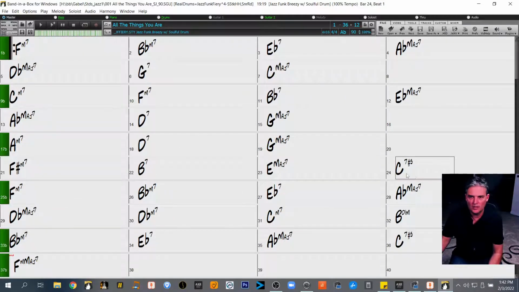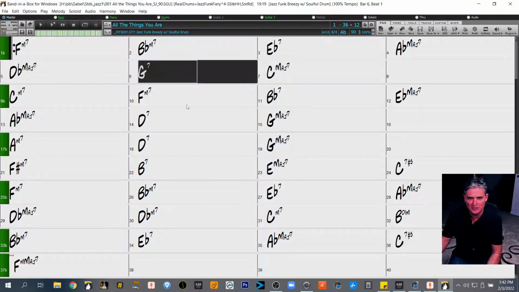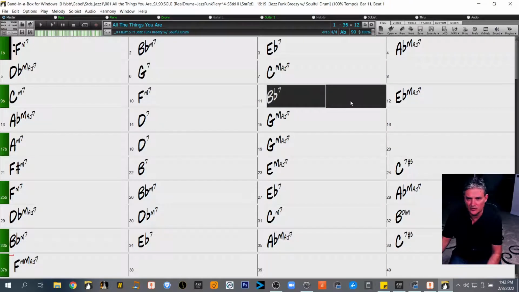So what I'd like to think about this is that it is a secondary dominant instead of a primary dominant, like this E flat 7 is a primary dominant, the G7 primary dominant, B flat 7, and so forth.